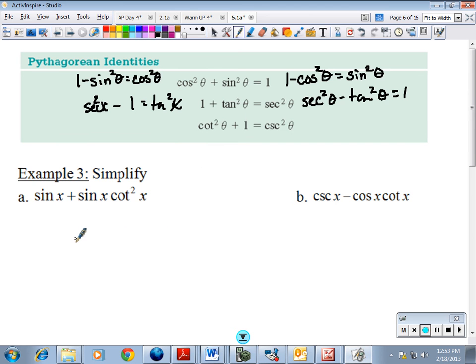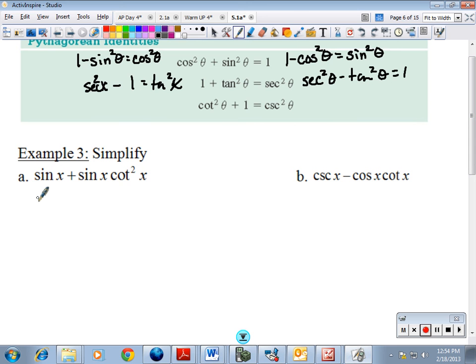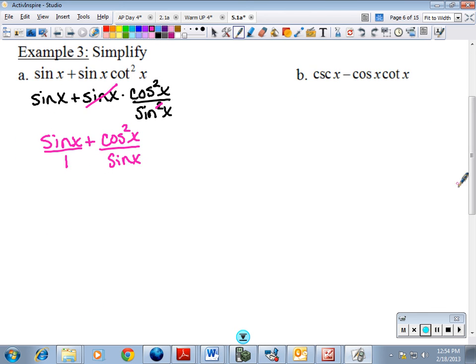So if it asks me to simplify it, my first goal is to write everything in terms of sine and cosine. Well, let's see. I can rewrite cotan as cosine squared over sine squared. And then I simplify it just like I would anything else. I can cancel out one of my sines. So that gives me sine of x plus cosine squared of x over sine of x. Then I can get a common denominator, because this is really over 1. Anytime I'm adding fractions, I have to get a common denominator.